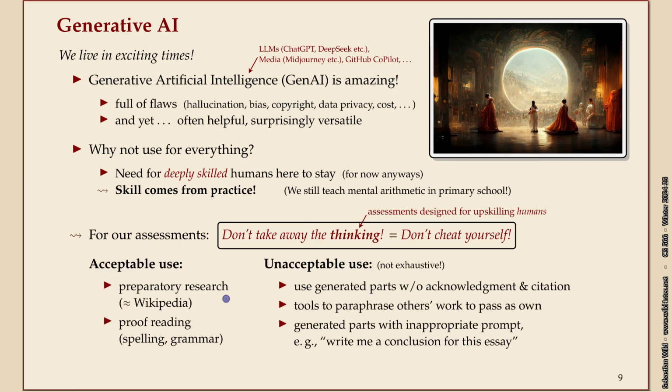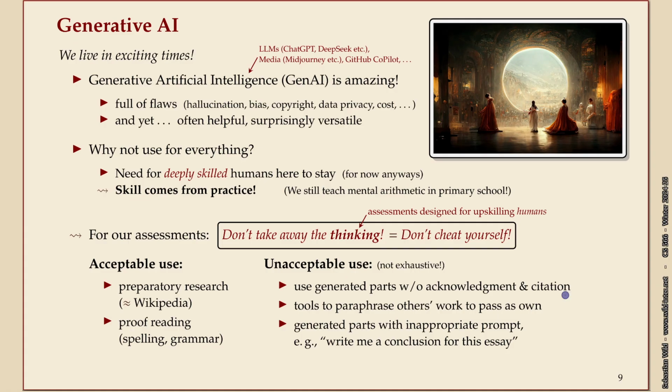Just to be very clear, it's acceptable to do preparatory research, so replace Wikipedia in a sense. Use it as a point to jump to the right place to then read more. That's fine. I'm also fine if you use it for proofreading your writing. It's always nice to read well-formulated text.